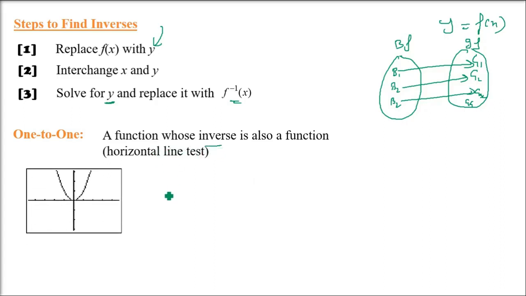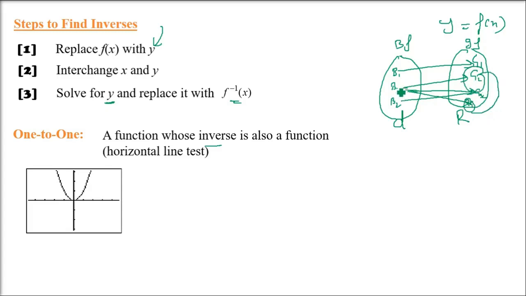How to check this? We check using the horizontal line test. Until we find out that it is one-to-one, we won't be able to talk about an inverse, because we have to interchange the domain and range. Domain and range will be interchanged for an inverse function. If we take this scenario, when we take the inverse, it will be two girlfriends having one boyfriend.